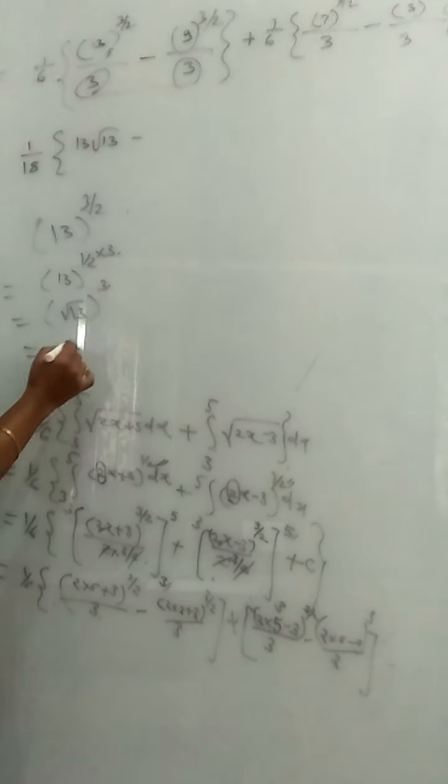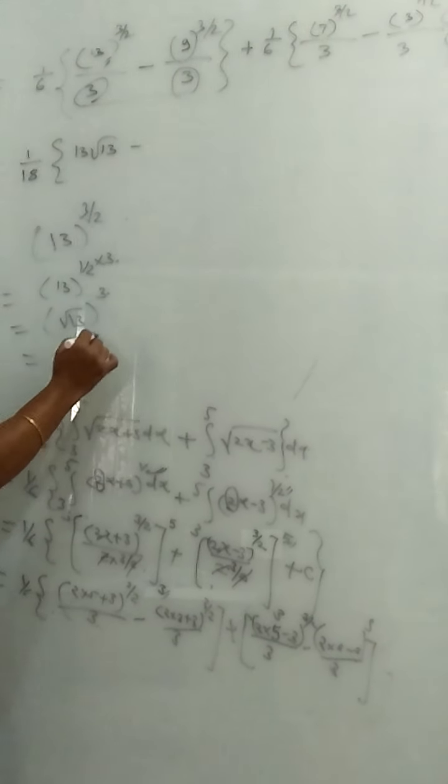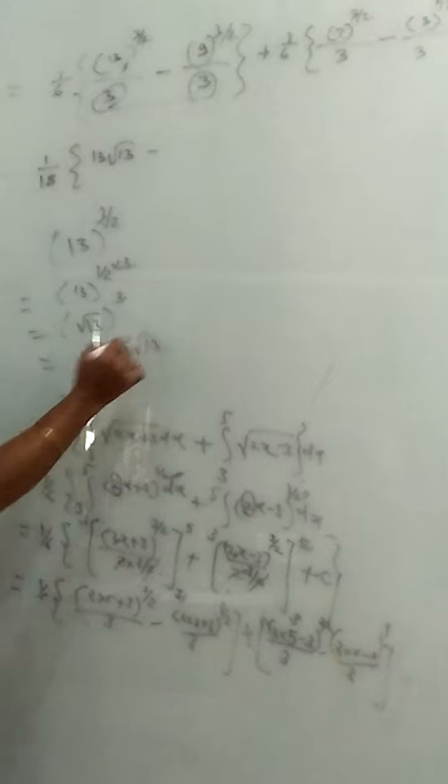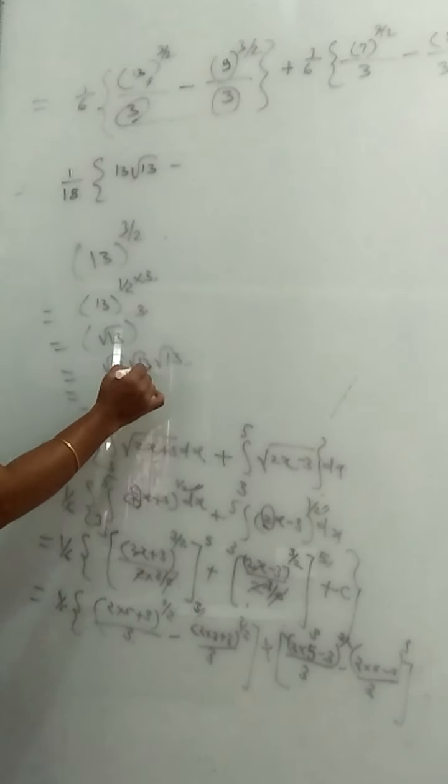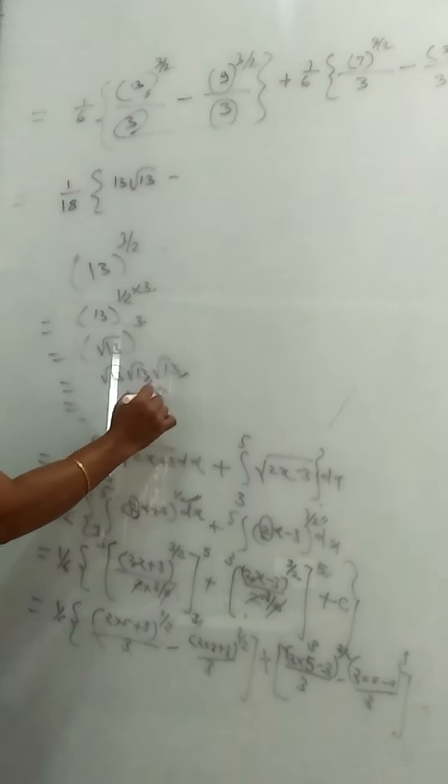Then that term is root 13 into root 13 into root 13, and when we simplify, root 13 into root 13 is 13, so 13 root 13. Therefore the value of this term is 13 root 13.